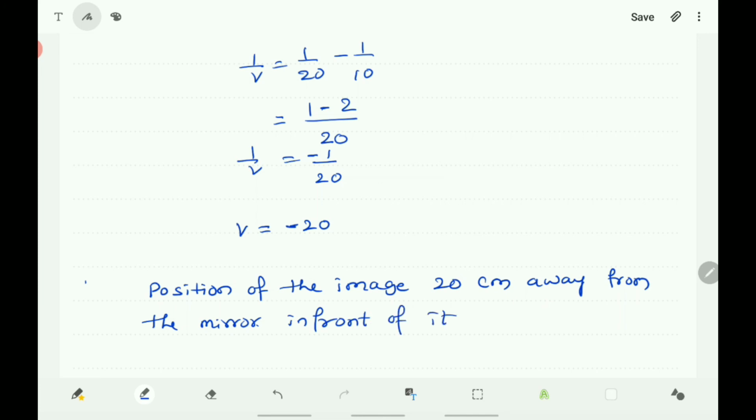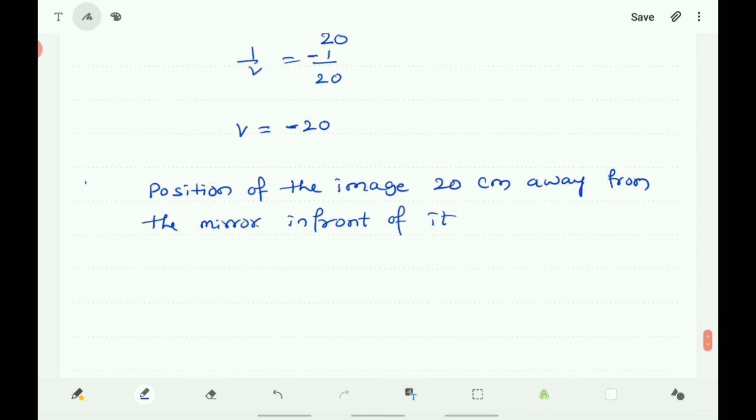And v is negative, means it is real and inverted. Nature of the image: nature is real and inverted.